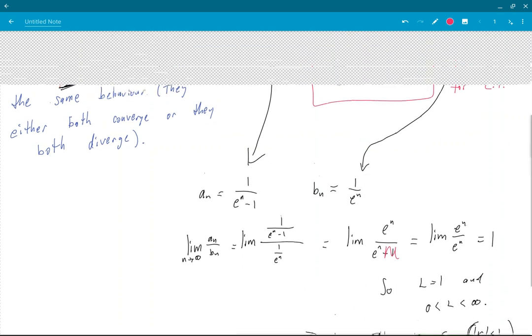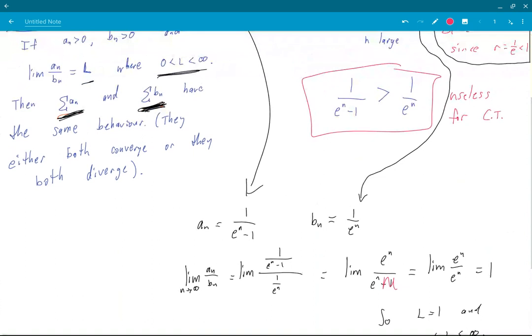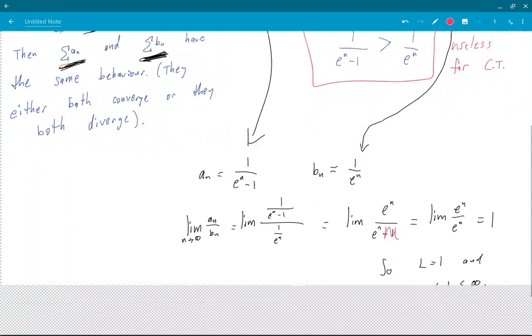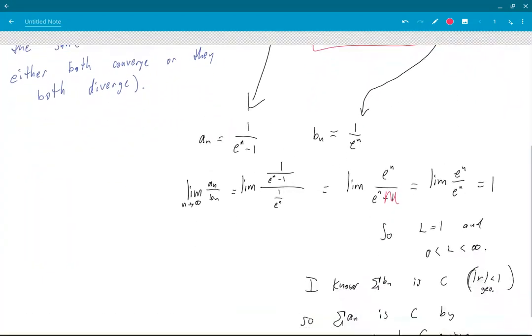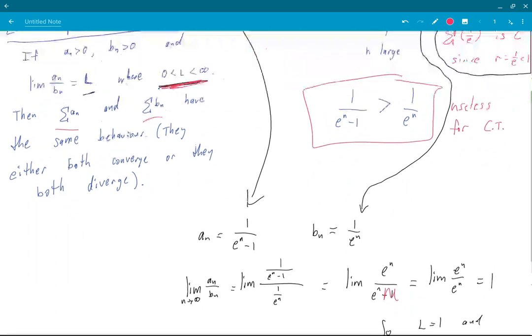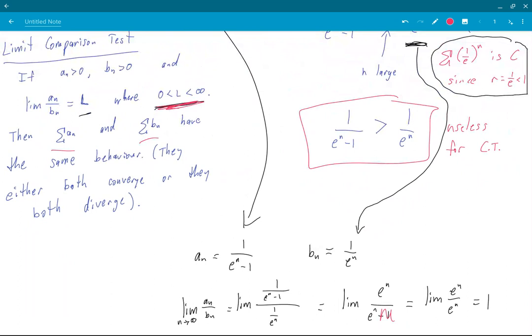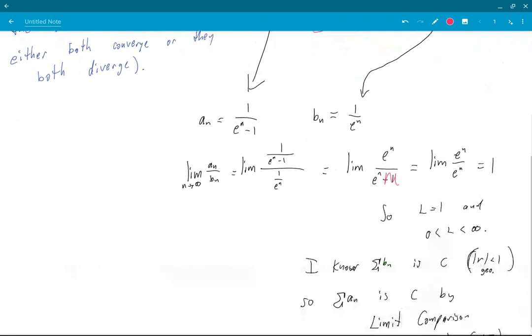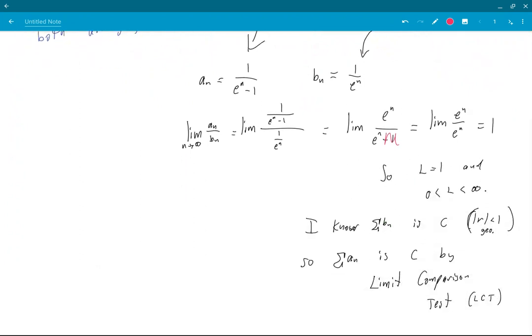The limit comparison test says, okay, because I got something between 0 and infinity there, then sigma an and sigma bn must have the same behavior. But if I look up here, I know that sigma bn is convergent. So I conclude that sigma an is also convergent.